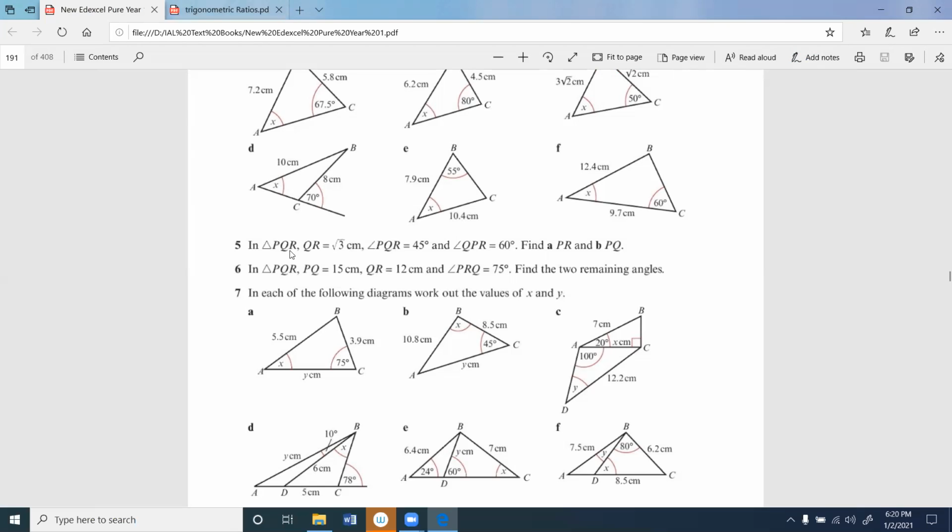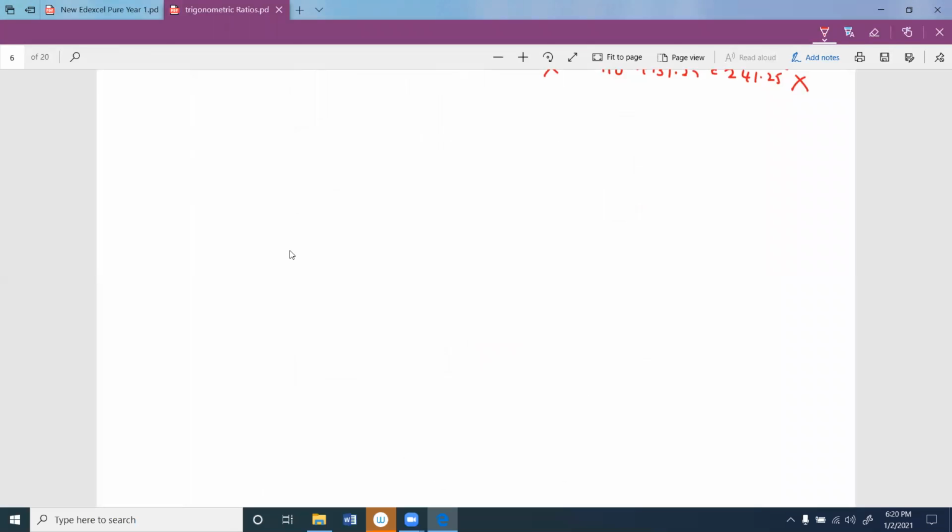If you refer to the book, it mentions a triangle. Question number 5 I'm referring to. There's a triangle PQR. I just drew a random triangle; it's not a problem which way you draw it.